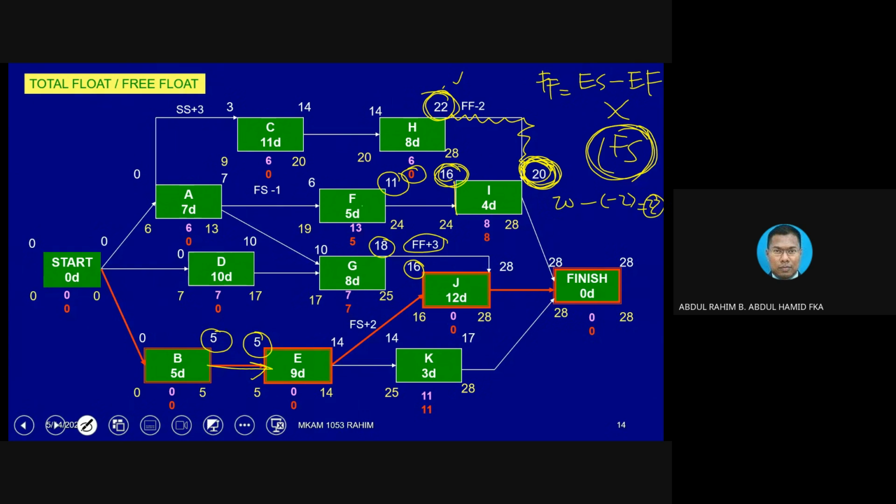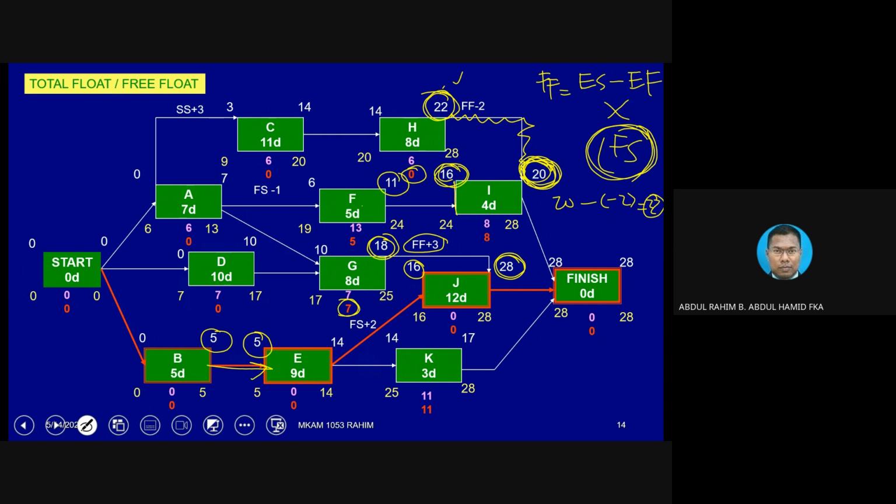You must compare the value from the back of J here, 28. Then you minus 3, you get 25. 25 minus 18, then you get 7. That is the correct way to calculate the free float value.